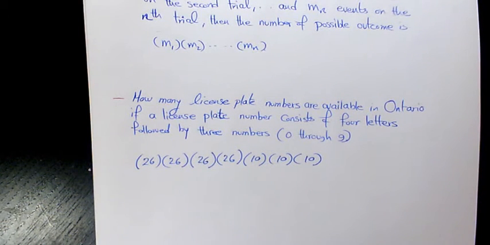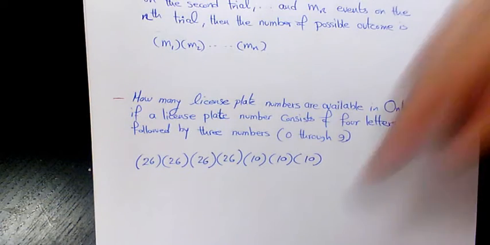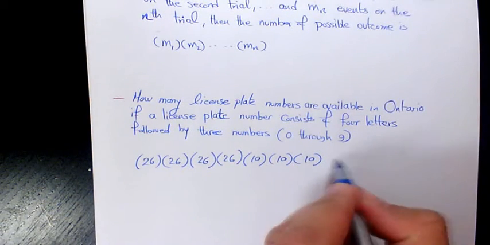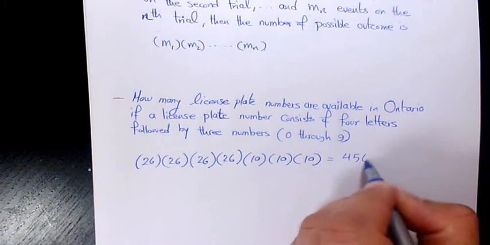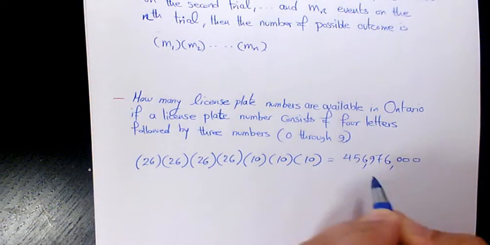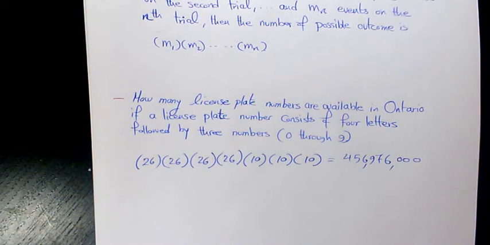When you multiply 26 times 26 times 26 times 26 times 10 times 10 times 10, that gives us a huge number: 456,976,000 different possible ways to have a plate number in Ontario.